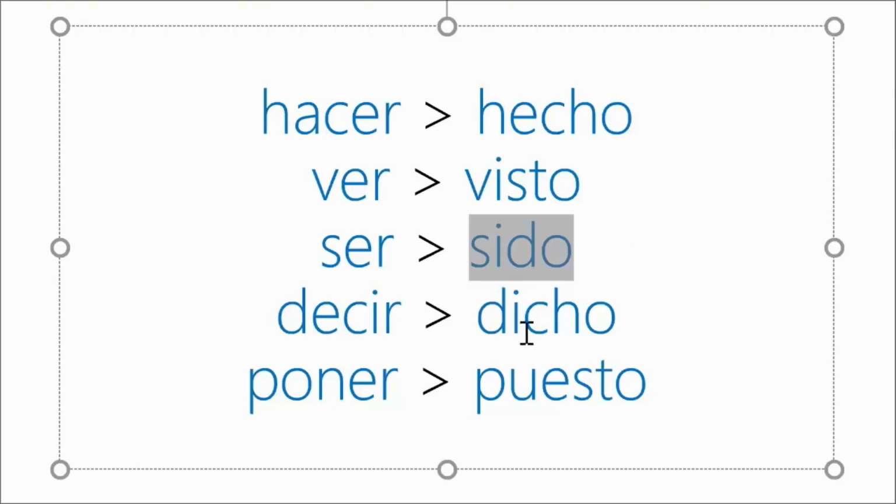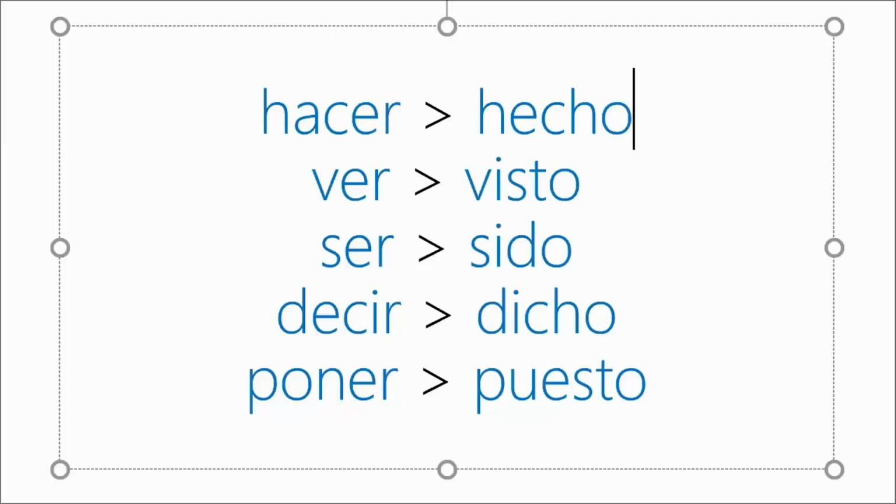Then decir going to dicho is very irregular, and same with poner going to puesto. So going down the right hand side, this one would mean done or made, then seen, been, said or told with dicho, and put with puesto.